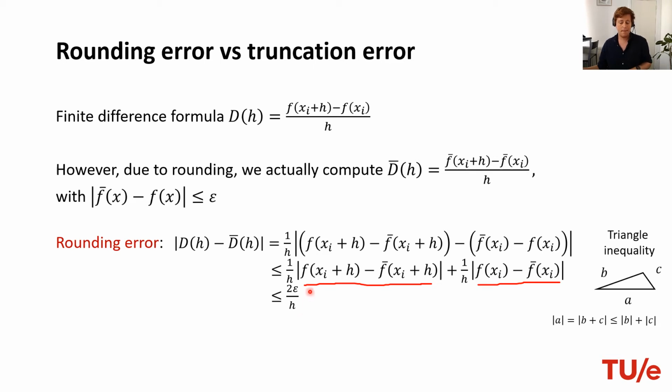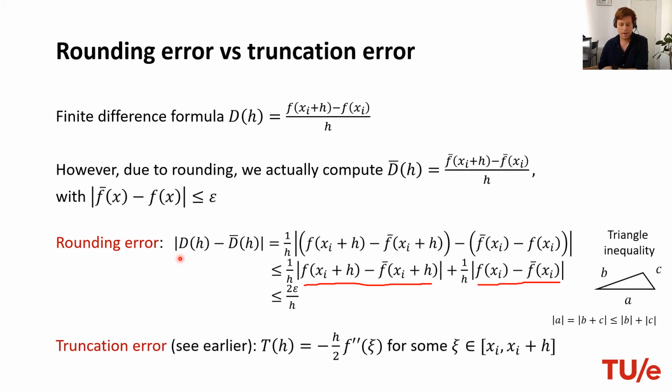And this will depend on the relative value of h and epsilon. So epsilon is, for all practical purposes, small. So we can expect rounding errors to be small as long as h is not very, very small. And you see, this is where this tricky idea of not picking h too small starts popping up, because then this rounding error really gets amplified.